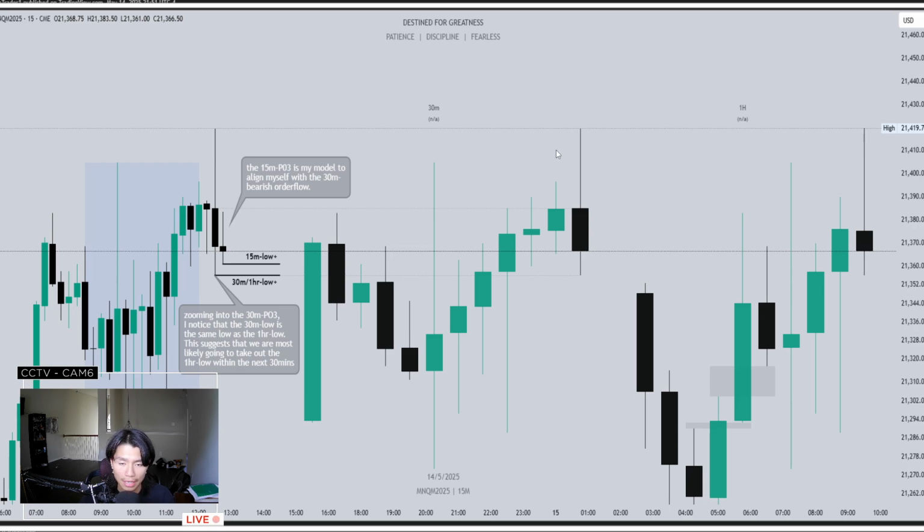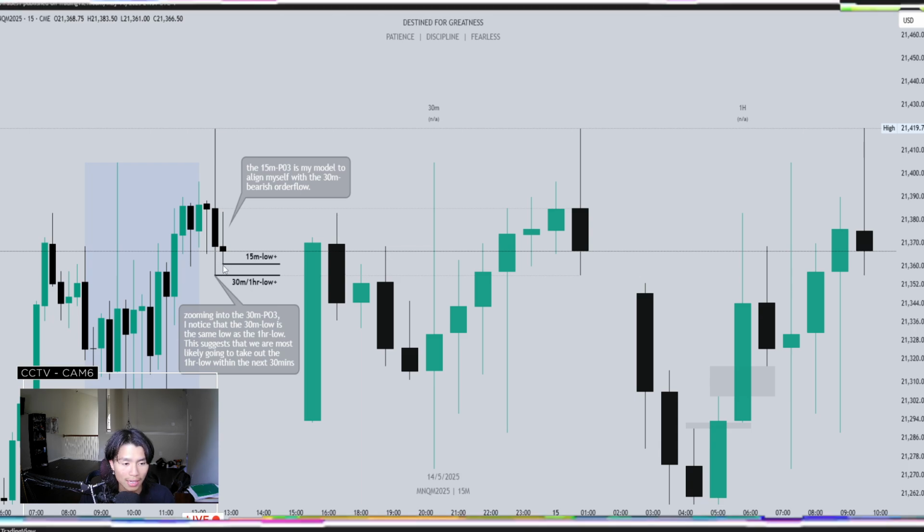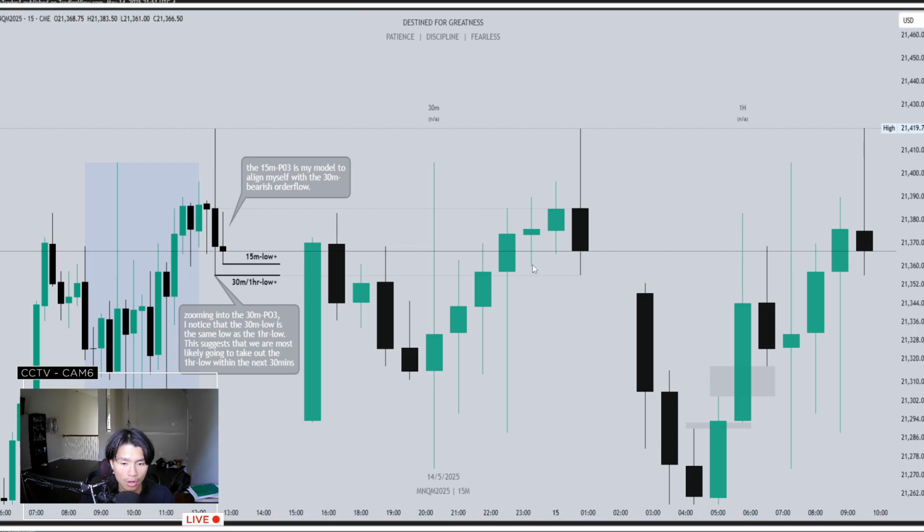So now going into the 15-minute time frame, I noticed that this 15-minute candle here, its low is not the same low as the 30-minute low or the hourly low, but the way that we close on this 15-minute candle is suggesting to me that we're most likely going to take out the 15-minute low.